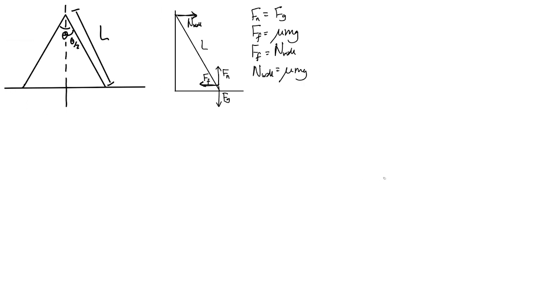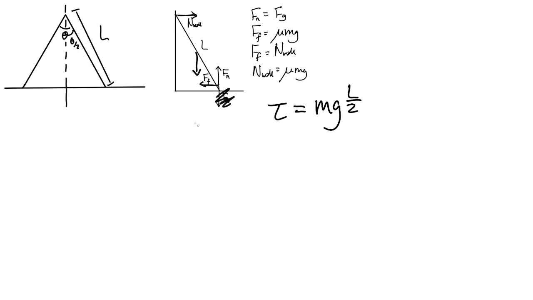Next, we can now make this into a torque problem. So our torque is going to be equal to our mg times L over 2, because remember that the mass of this ladder is going to act from the center.